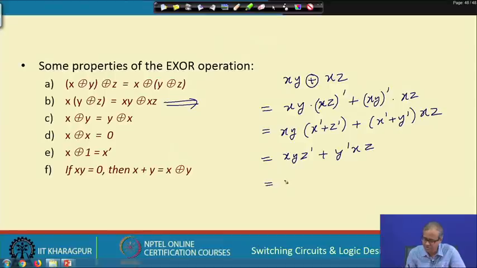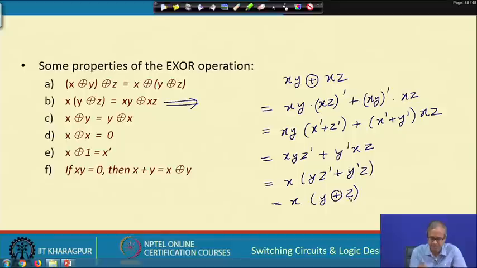If you take x common, y z bar or y bar z, which is nothing but the exclusive OR of y and z. This is on the left hand side.